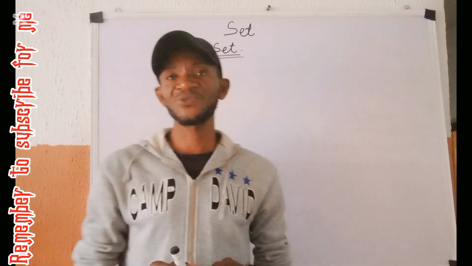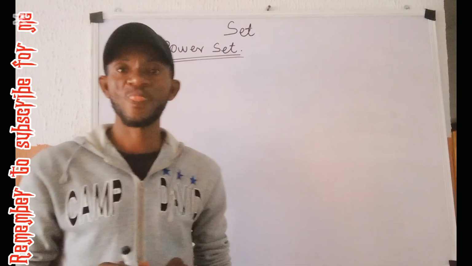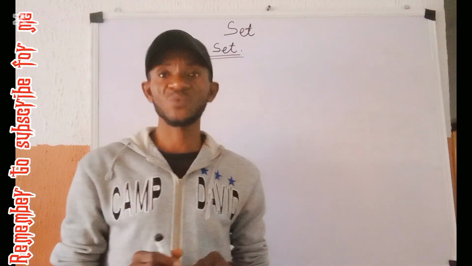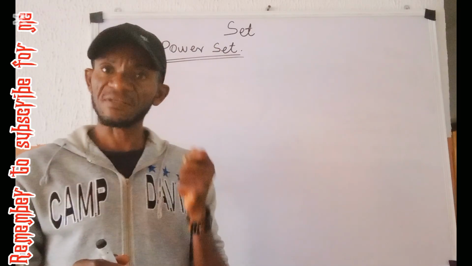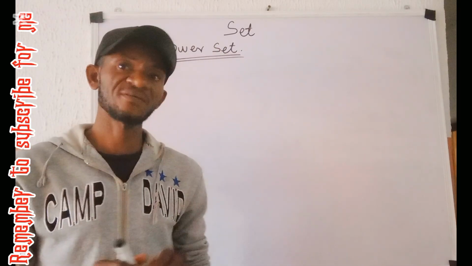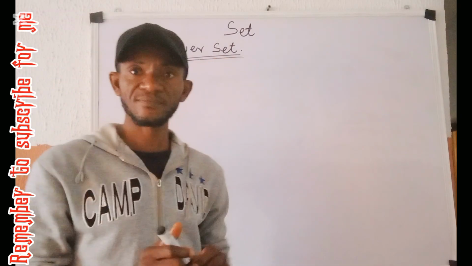Today, we want to continue our discussion on sets and set theories. At this moment, we are paying attention particularly to a particular aspect of a set called power sets.